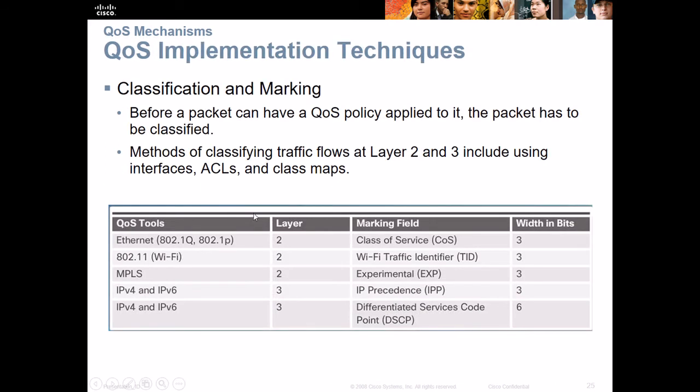So when it comes to classifications, that's the first one. You can classify them at layer 2. Ethernet can be classified. If you remember when we talked about VLAN tagging, on the trunk, we tag every single frame that's getting on the trunk with an 802.1q number, VLAN number, right?